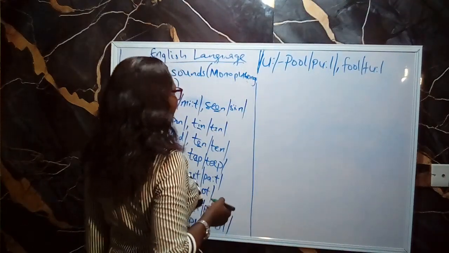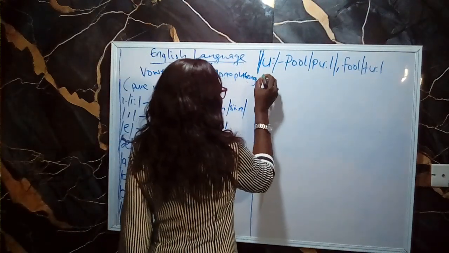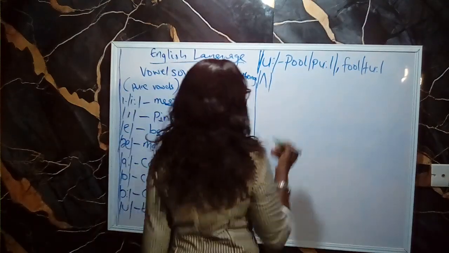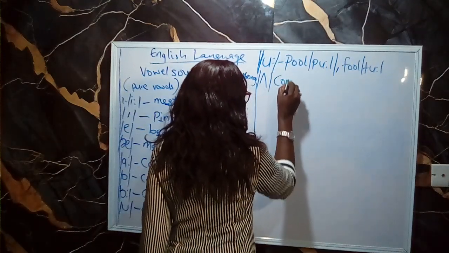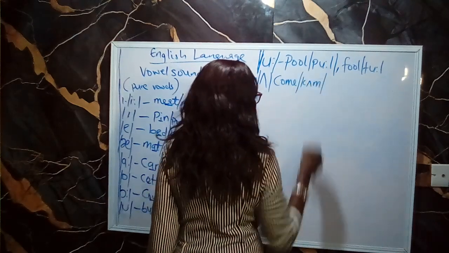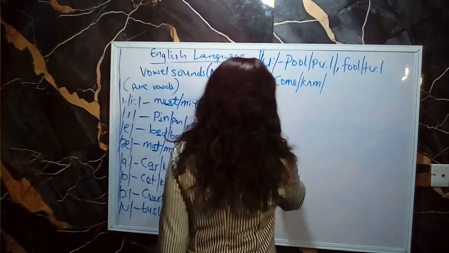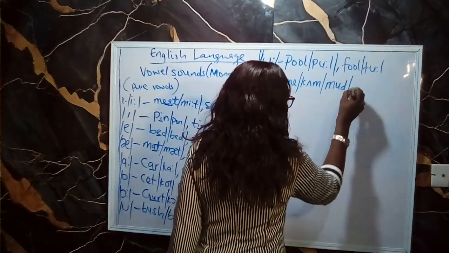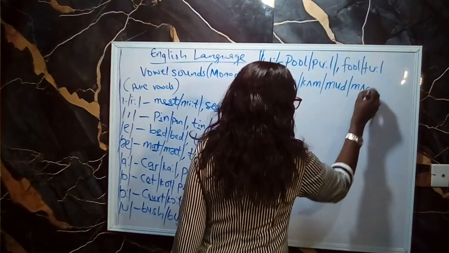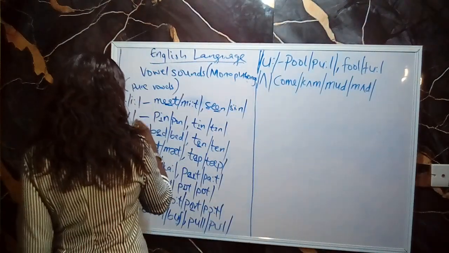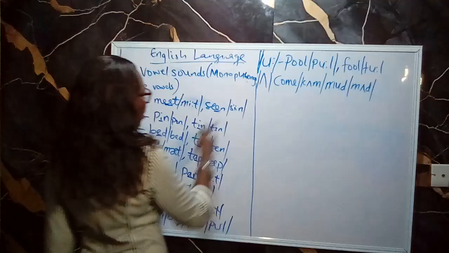This is followed by the sound in come. In this sound, we also have something like mud. We have how many now? 1, 2, 3, 4, 5, 6, 7, 8, 9.